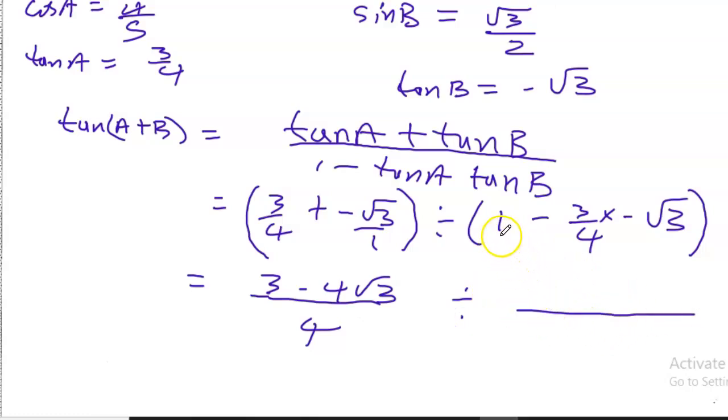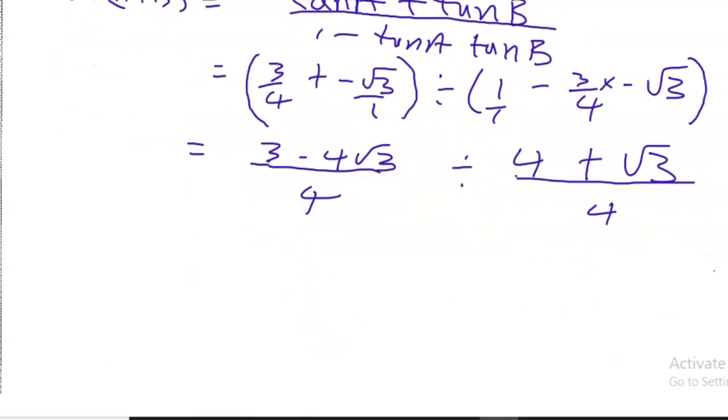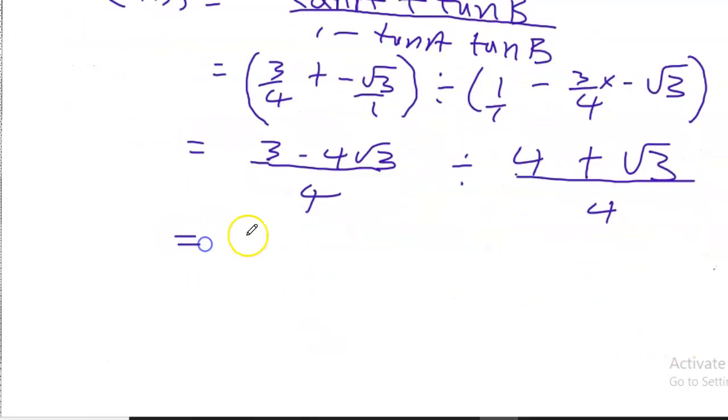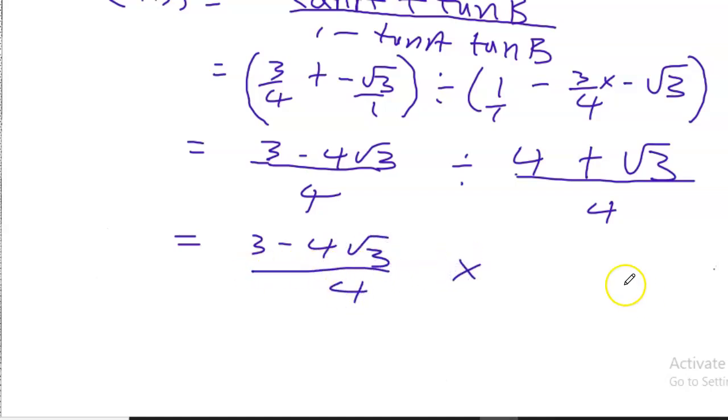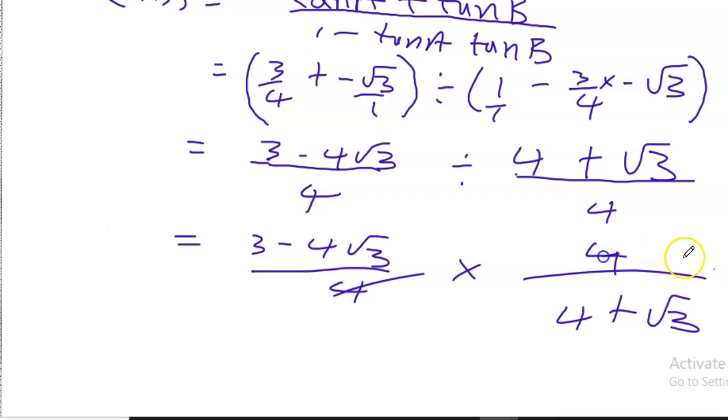Divide by 1 here. So 1 upon 1. So of course the common denominator will be 4. And negative times negative is plus root 3. So this becomes 3 minus 4 root 3 upon 4, divided by 4 upon 4 plus root 3 upon 4. 4 into itself, that's 1.